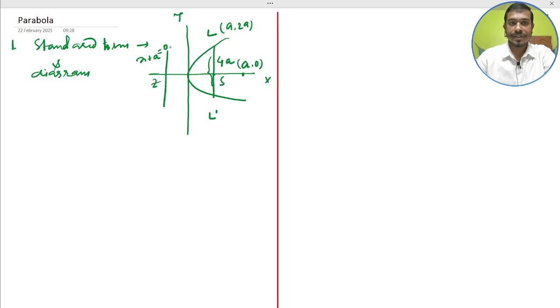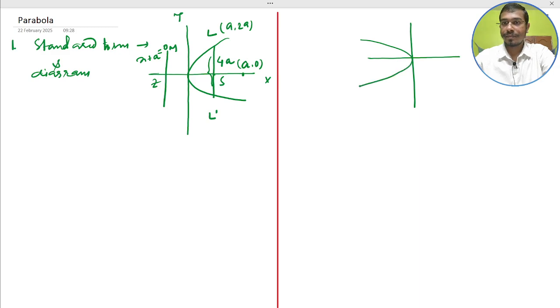This is Z M, and the reverse one, similarly x minus a equal to 0.